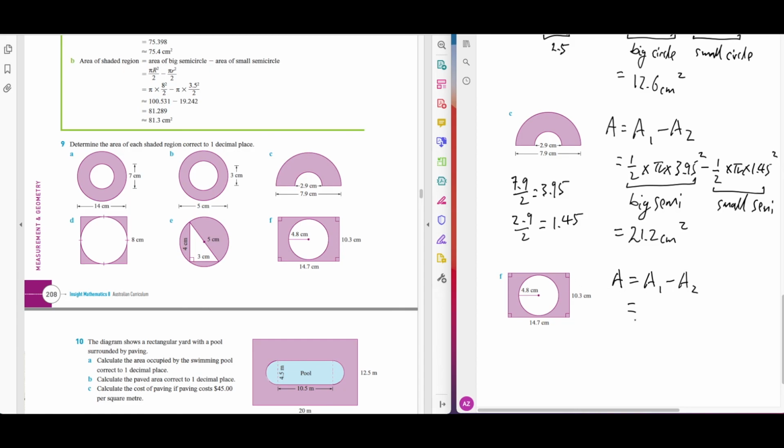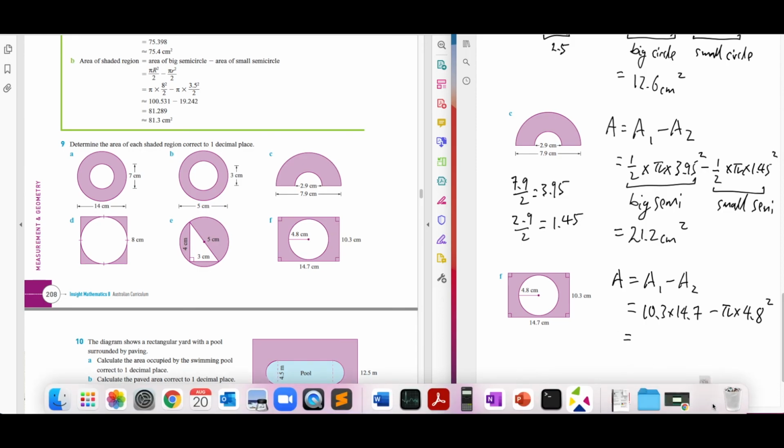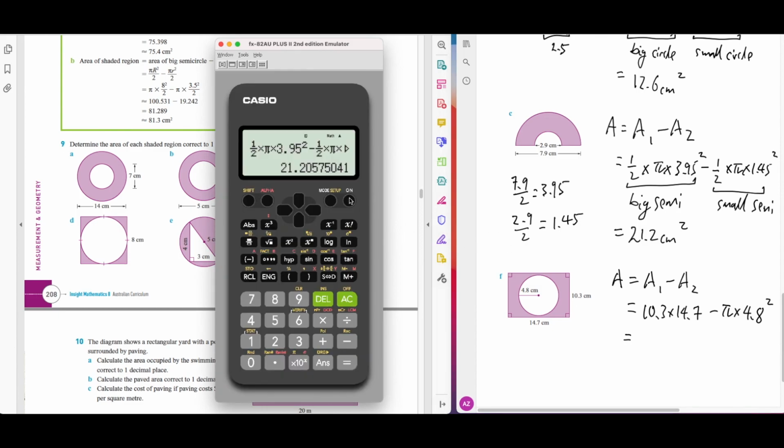So to work out the area of the rectangle, we just do 10.3 times 14.7. Take away the area of the what? The circle, right? So then you get the shaded area. So area of a circle is pi times the radius. What's the radius? 4.8, pi r squared. And that's your answer. So just type this up and you get it. So it's actually pretty easy if you know what to do.